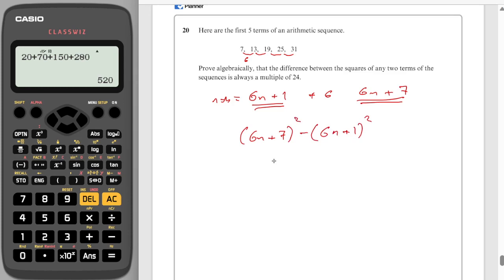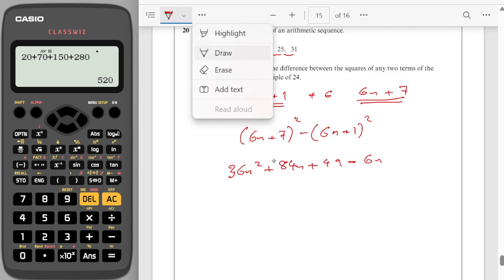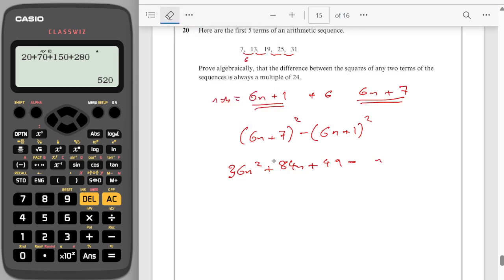So if I square the first term, that would give me 36n squared plus twice the product, so 42, so 84n, plus 7 squared is 49, and from that I need to subtract 36n squared, twice the product, so that would be minus 12n, because I've got the negative here, and then minus 1.